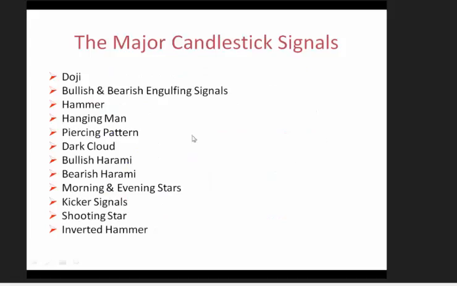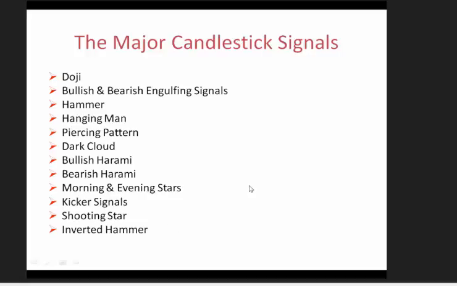So these are the 12 major signals. Out of the candlestick universe of 50 or 60 signals, if you just learn these 12, don't spend your mental energy on learning all of them, because they don't occur often enough to even make it worthwhile. But there's two advantages to candlestick signals. One, they show a graphic representation of when there's been a change of investor sentiment.